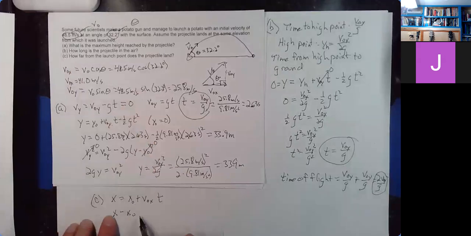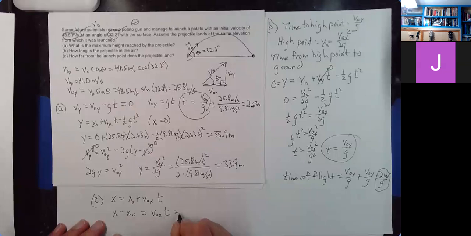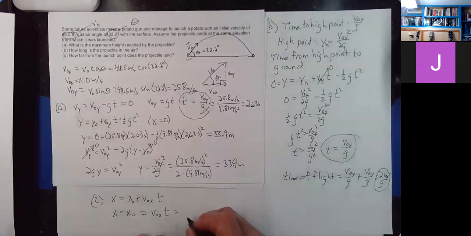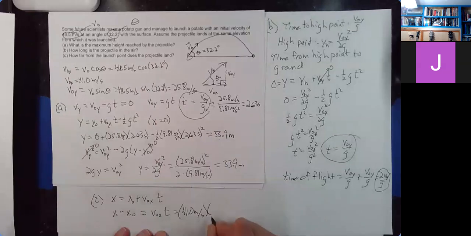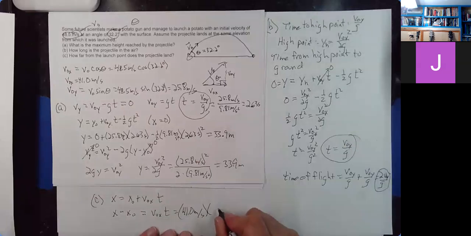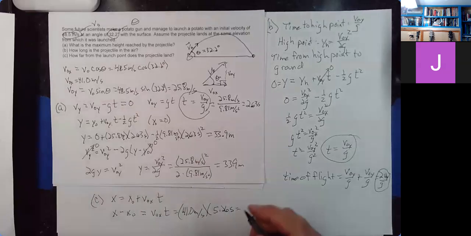And turns out for this part, you can say x naught is 0, or you don't even have to, but it'll equal v naught x times t. V naught x we'd already figured out. It's 41.0 meters per second. And the t, we just figured out it was 5.26 seconds. And so what do we end up with for this? A lot.